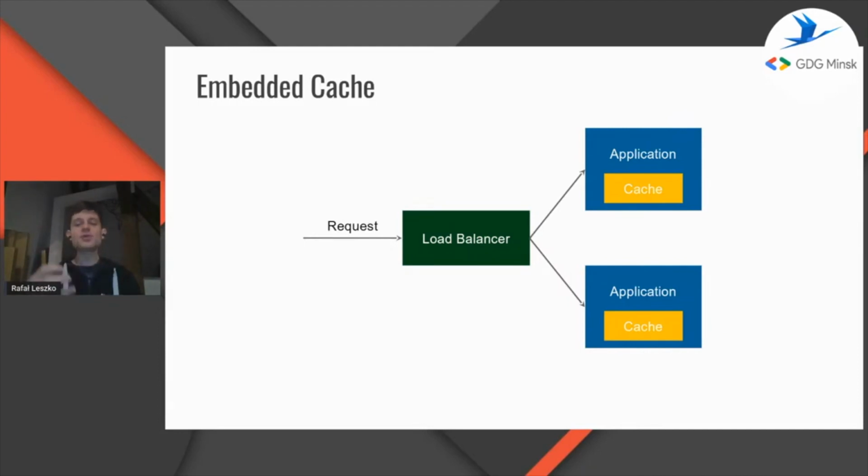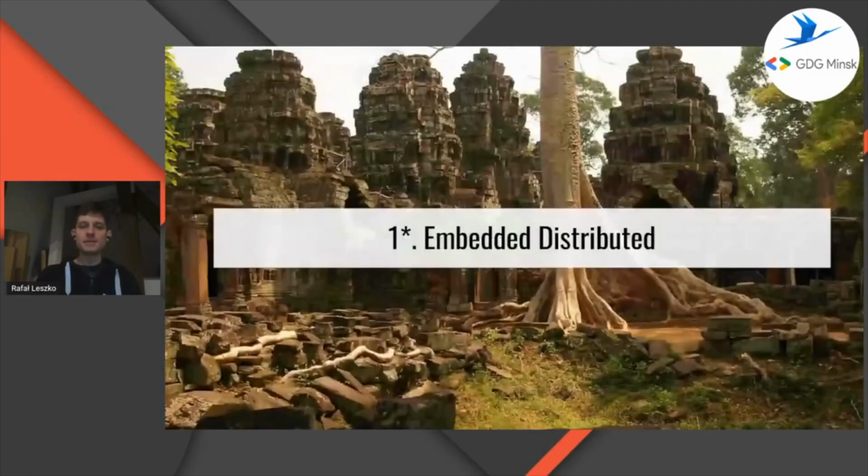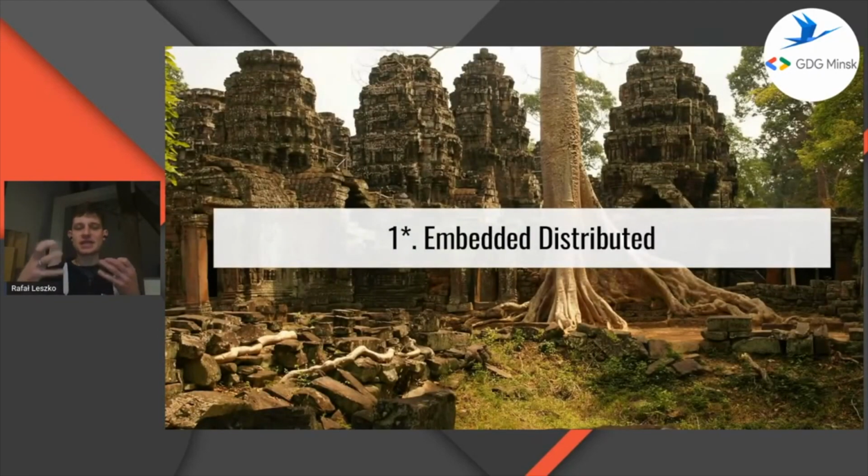And now we have to do again the same business logic because these caches are completely separate. They are different things. So one improvement to our embedded cache is to make this cache distributed. Embedded distributed caching is not a separate pattern because it's still the same idea.